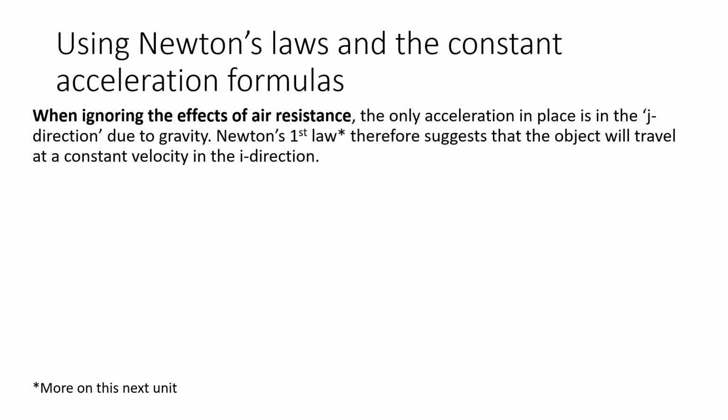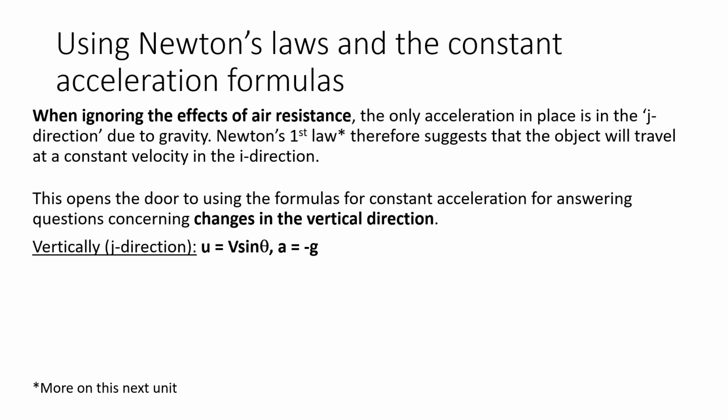So what can we do here? It means we can split this projectile motion, this two-dimensional motion, in two directions. We can treat it in the vertical direction, and we can treat it in the horizontal direction. So changes in the vertical direction could be described like this.